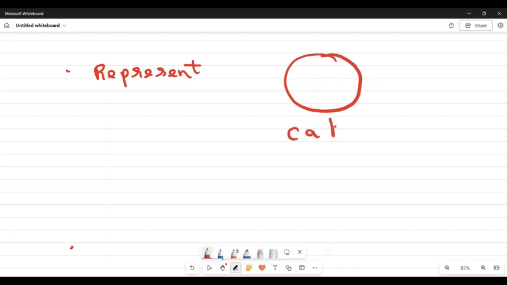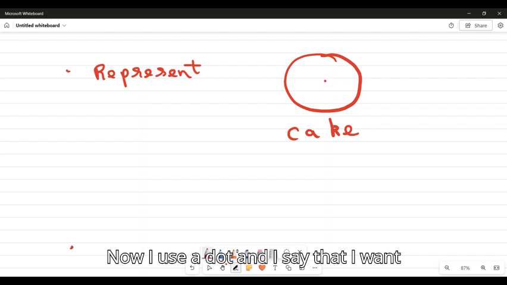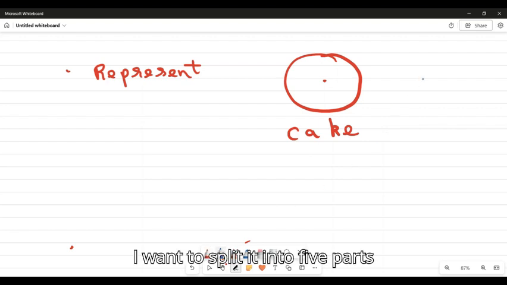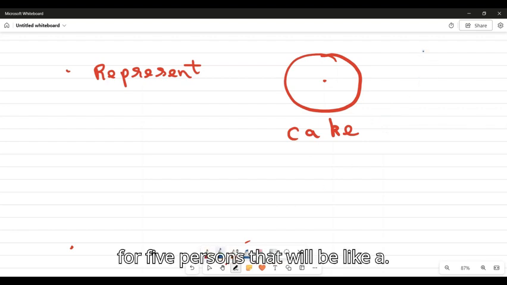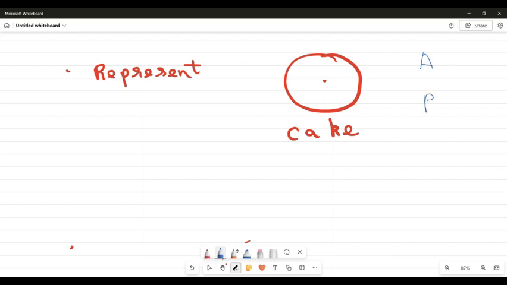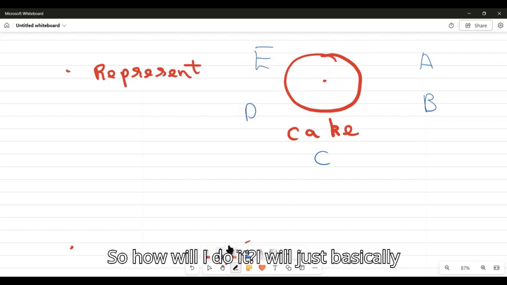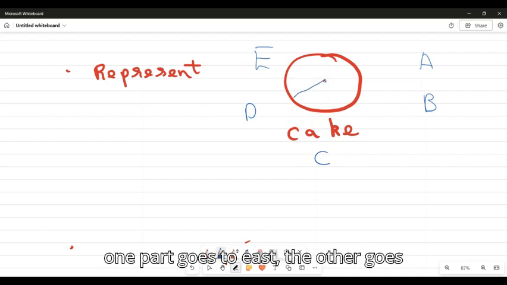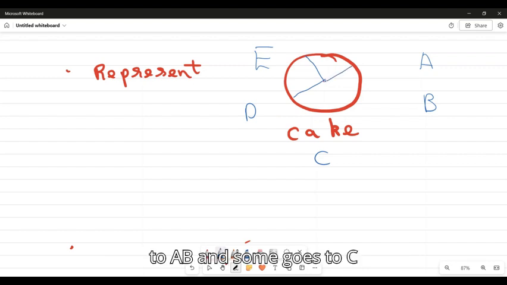Now I use a dot and I say that I want to split it into five parts for five persons, A, B, C, D, and E. So how will I do it? I will split it into five parts. So I'll say one part goes to E, the other goes to A, B, and this one goes to C.